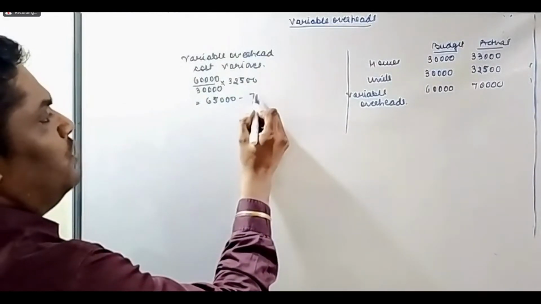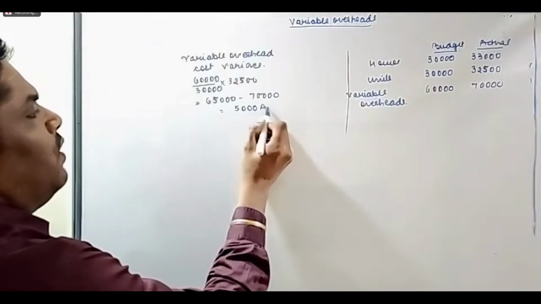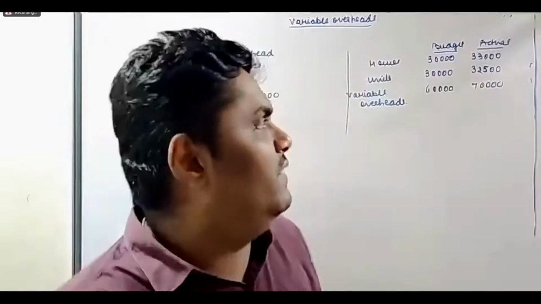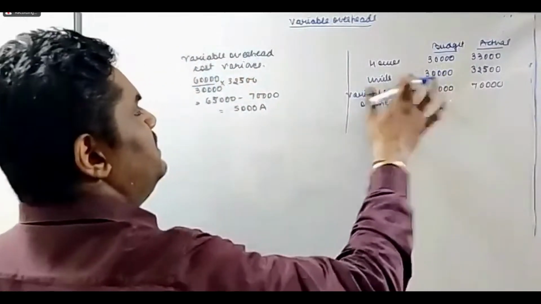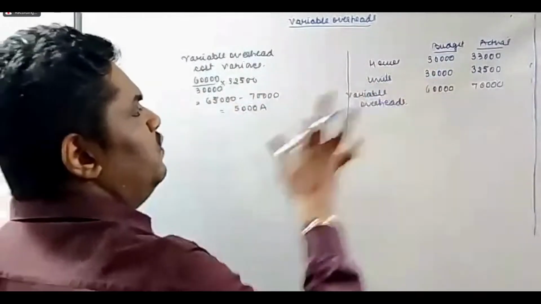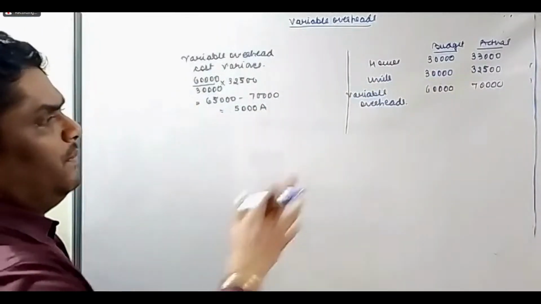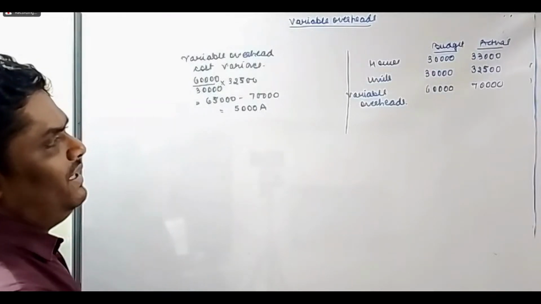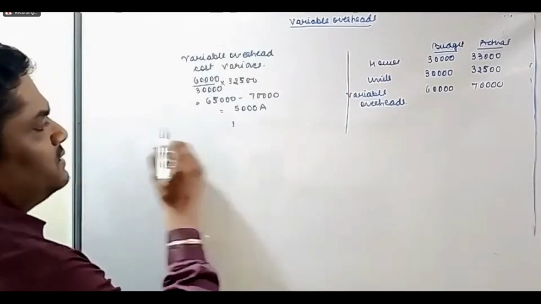However, my actual overheads are 70,000. So 5,000 extra, we call it adverse. So minus 70,000, we will get the cost variance, that is 5,000 adverse.